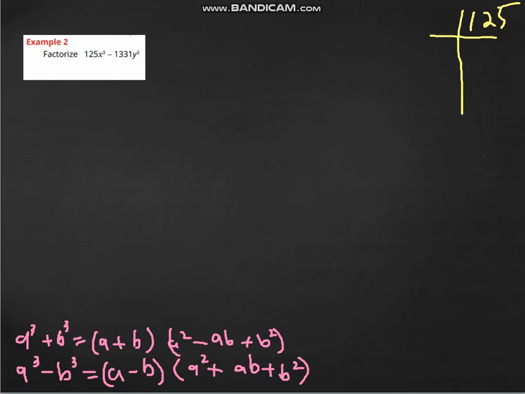Now, the cube root of 125: 5 times 25 is 125, and then 5 times 5 is 25, and 5 times 1 is 5. Now, let's move on to 1331.